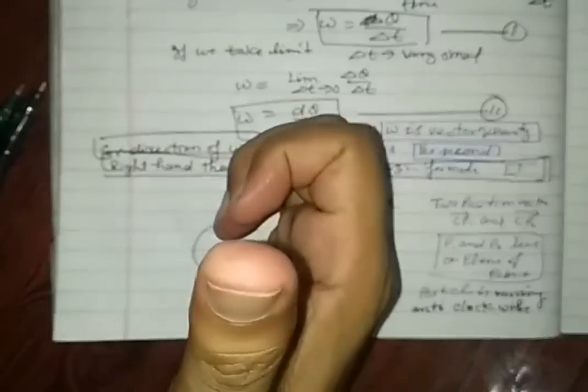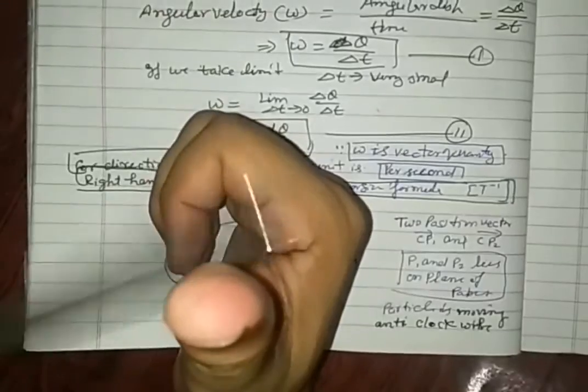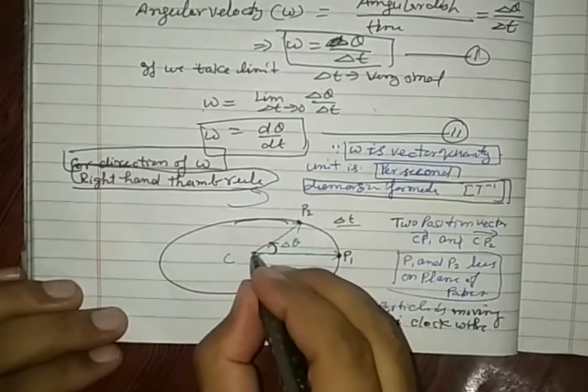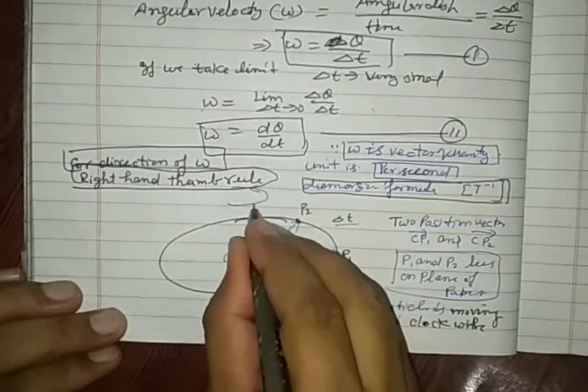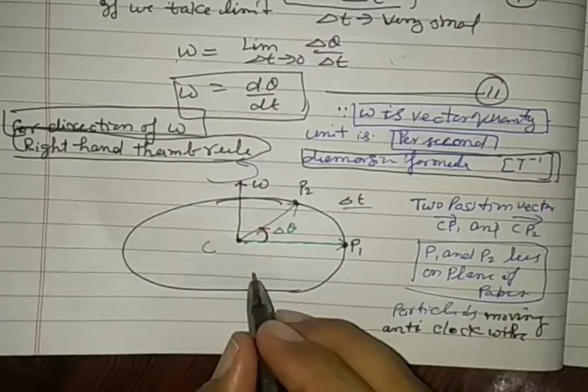Now it is anti-clockwise, and the thumb is pointing upward. So omega is, according to the right hand thumb rule, in the direction of this thumb. It is perpendicular to the plane of paper and acting outward. The direction represented by the black pen is the direction of omega.